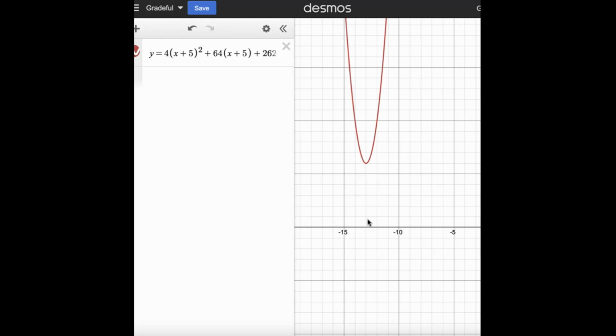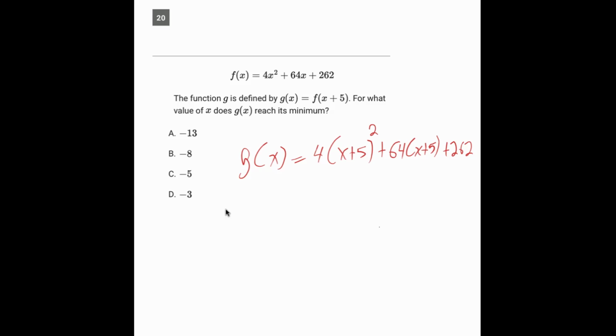You need both. But where is the minimum here? Desmos is really good at telling you where the minimum or maximum would be, and you can see it's at x equals negative 13. We don't care about the y value because we're only being asked about the x value. So that's negative 13. And so that's the answer of negative 13 yet again. So on question 20, we showed you 3 different ways to get the same answer.